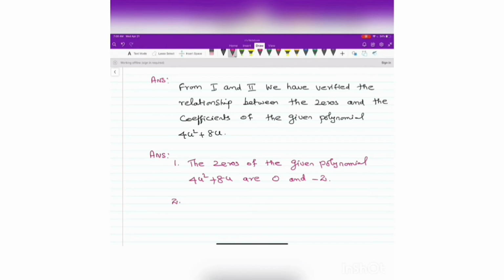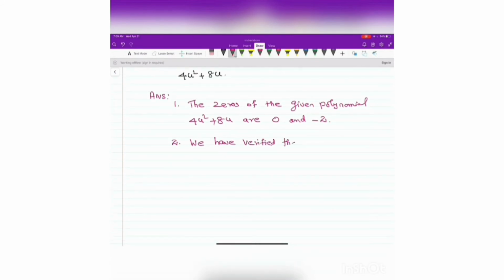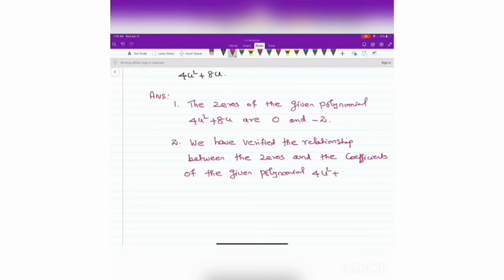Second part: we have verified the relationship between the zeros and the coefficients of the given polynomial 4u square plus 8u. This is how you will be concluding your final answer.